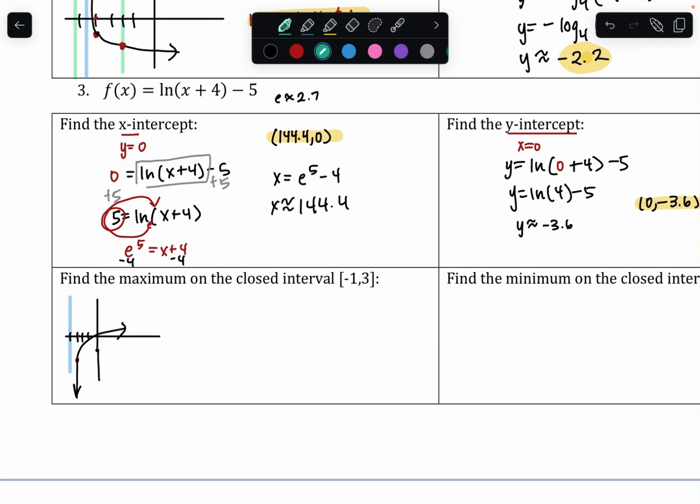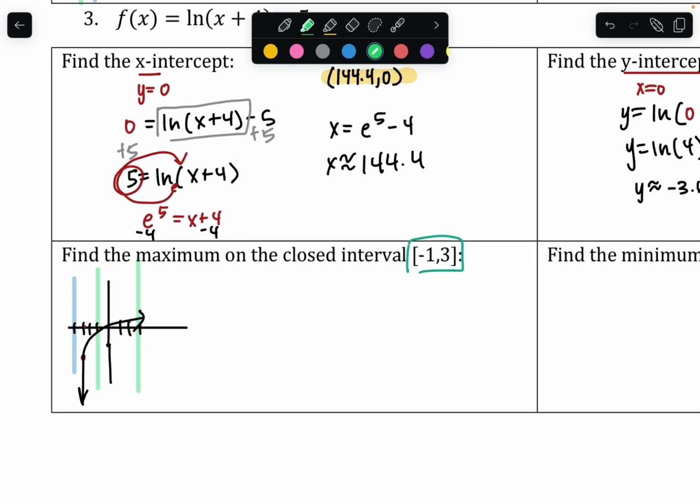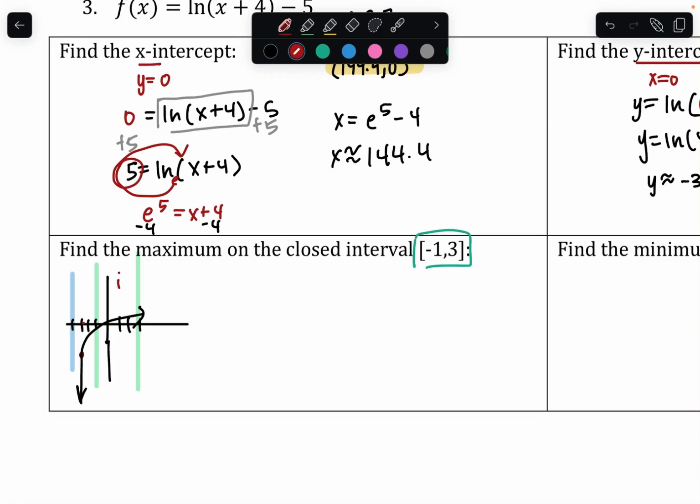And then for our interval from negative 1 to 3, you can see that the asymptote is not on this interval and it is increasing. And so my minimum is at the left endpoint and my maximum occurs at the right endpoint. And so for the maximum, it is at x equals 3.